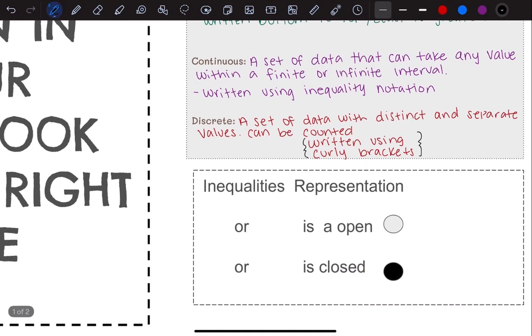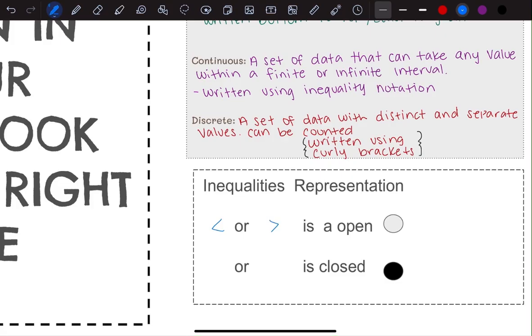When we're given a graph, we can have an open dot or a closed dot, or open circle or closed circle. An open circle means that we're using the inequalities less than and greater than.